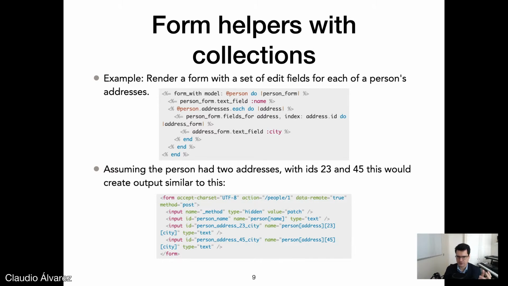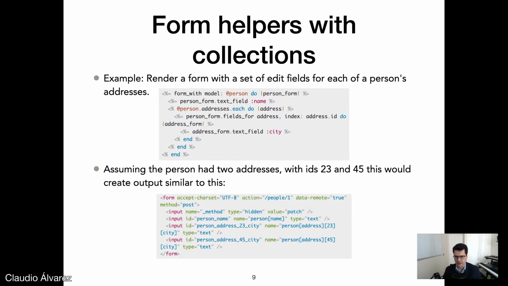So then we've got person form fields for address, and then we've got another variable inside a block, which is address form. Address form is a form generator, a form builder that has the same set of form helpers, right, as the person form variable above.